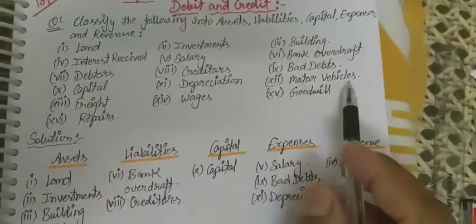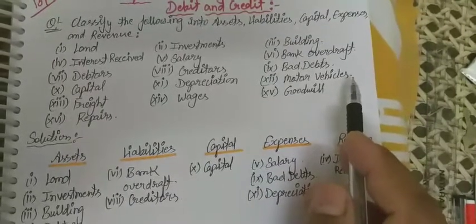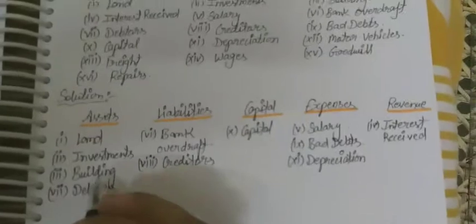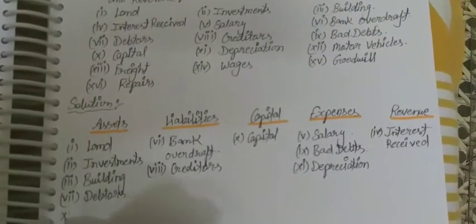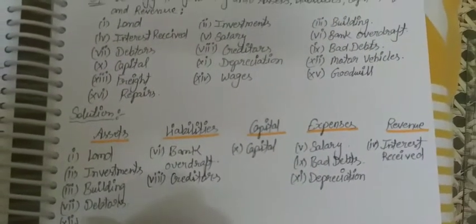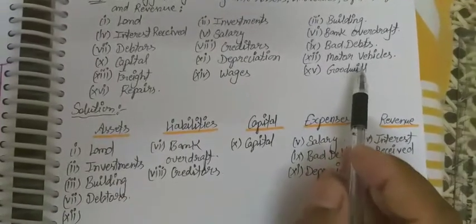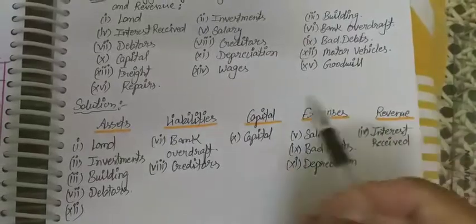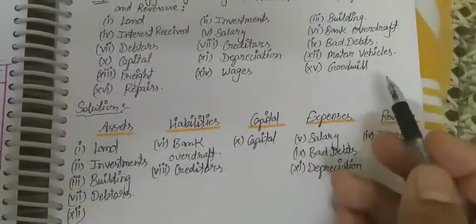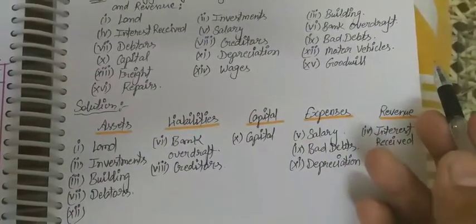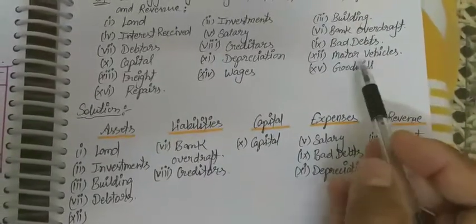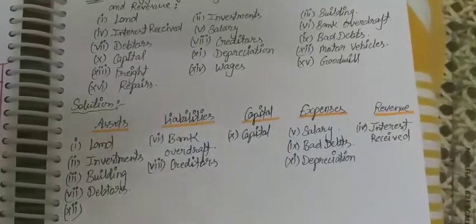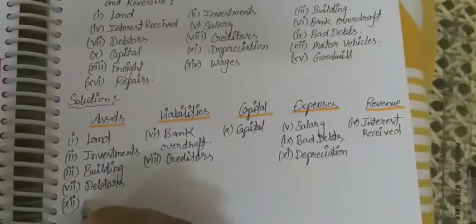Motor vehicle. Motor vehicle is an asset for business. Any transport vehicle they use in their business, or any car they are using for business purpose, these motor vehicles or any transportation will come under the assets of the business.